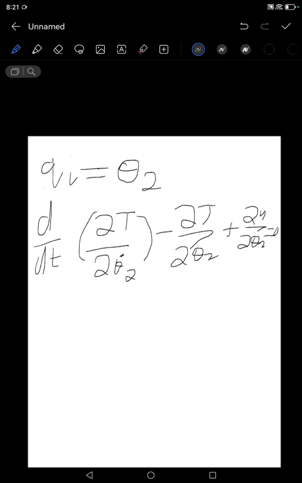And then here you're going to differentiate with respect to theta 2, and you're going to get the equation. After that, you substitute whatever you have to substitute. Guys, you're still going to get the same answer as Newton's second law when you use the Lagrange method.